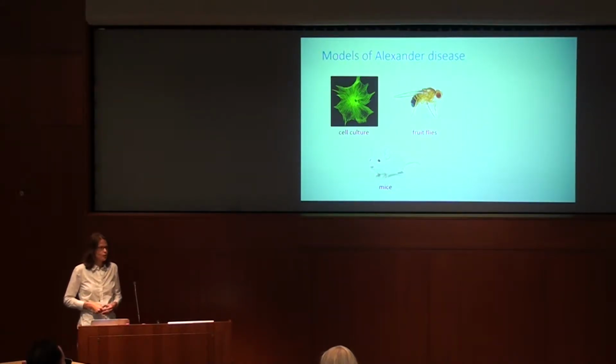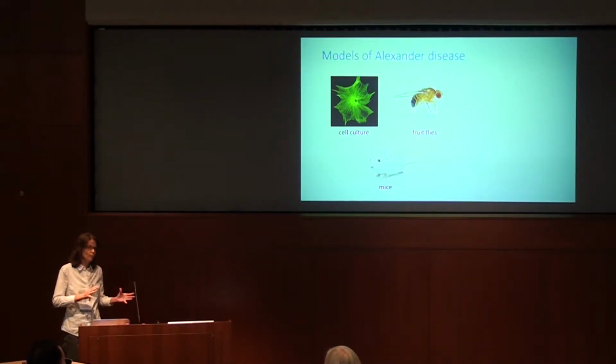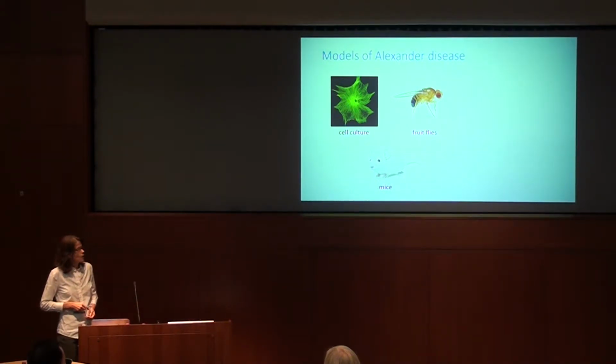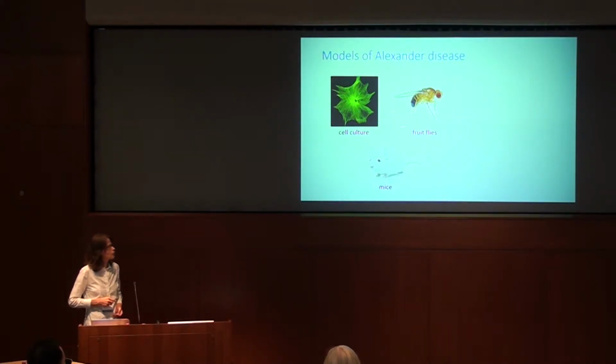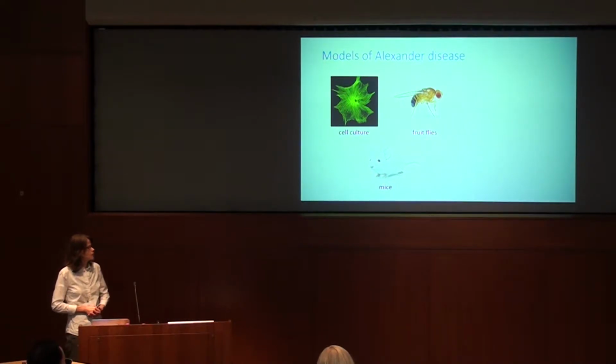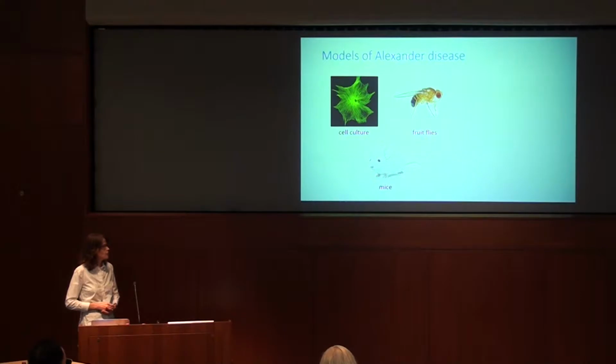And Sushan Zheng is going to talk about cell lines that are actually derived from patients later on this afternoon as another model. Mel talked about the fruit flies, which she's done a lot of work on to understand the underlying molecular mechanisms of the disease. And of course, our work has revolved mostly around mouse models over the past years.